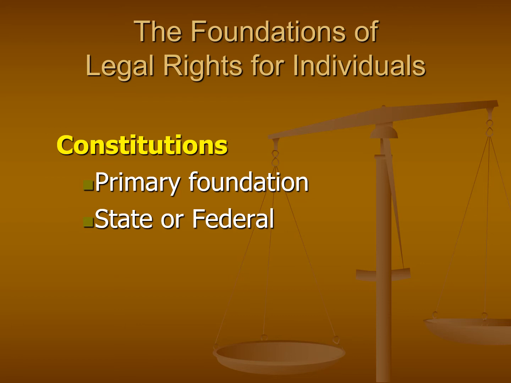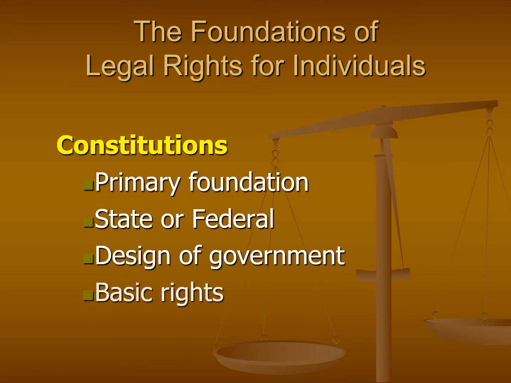So we have our U.S. Constitution, which lays out a very global sense of rights for individuals, and then here in California, we also have a much more detailed and lengthy state constitution, which describes our rights as citizens or members of this particular state. Constitutions also lay out the basic design of government, and then dictate and describe our basic rights as citizens.